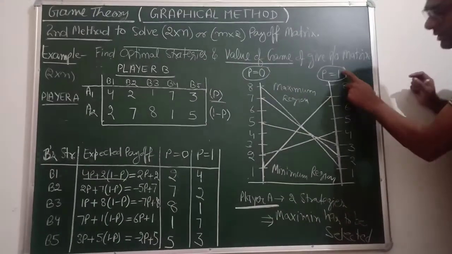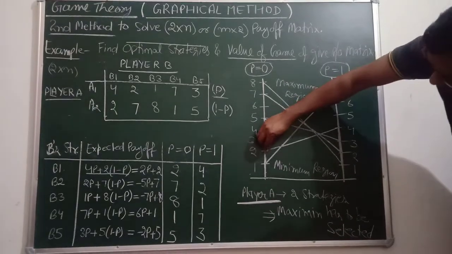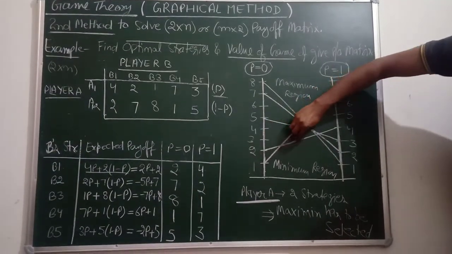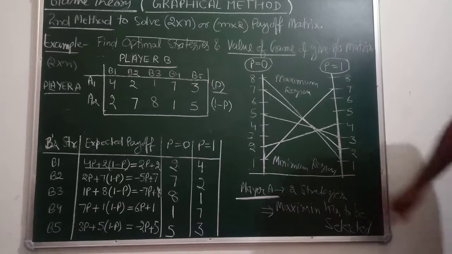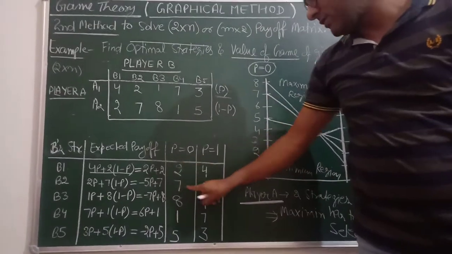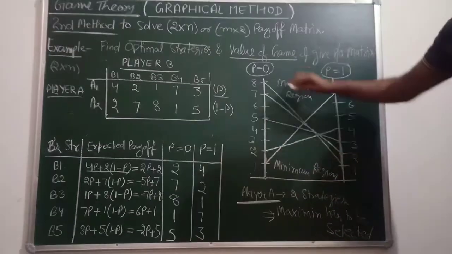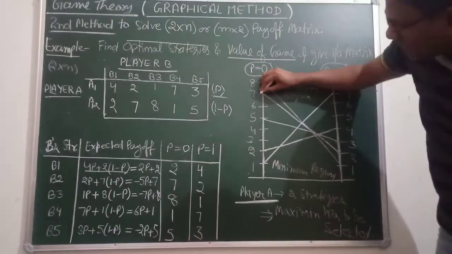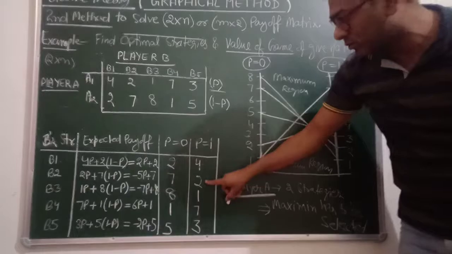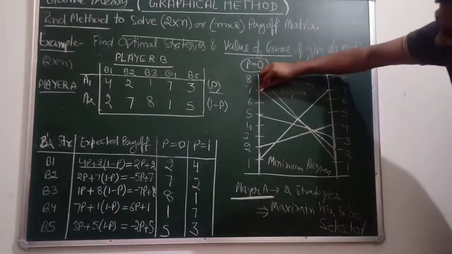Similarly, we have to join 7 with 2. 7 is on P0 and 2 is on P1, so we will join this.